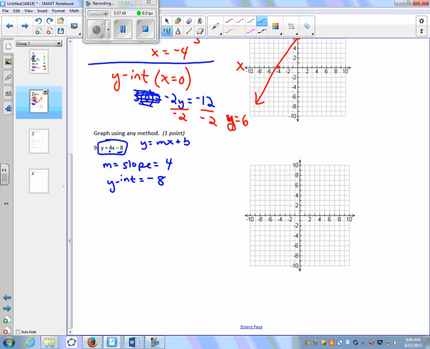That's this piece right here. So we start at the y-intercept at negative 8. Our slope is 4, so we count 1, 2, 3, 4 over 1, 1, 2, 3, 4 over 1. And we connect the points like that. And that's the graph of that line.